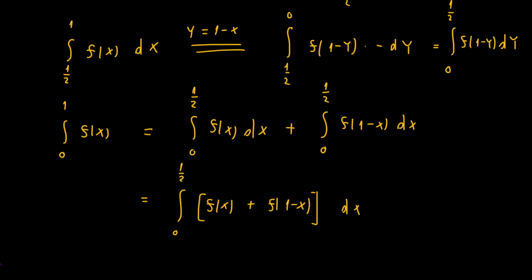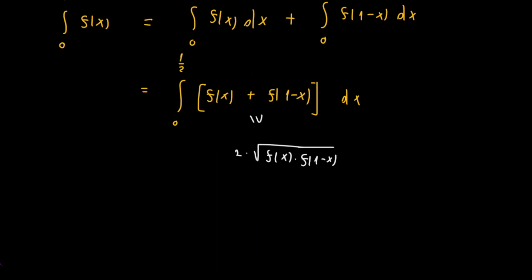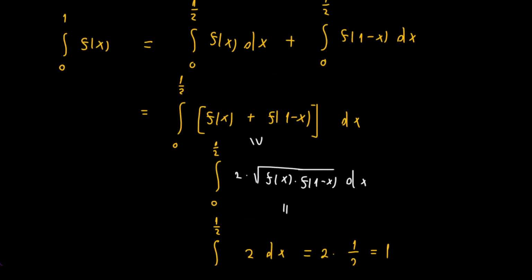And right now, what can we do? We can say that this sum is bigger than or equal to 2 times the square root of f(x) times f(1 minus x), integrated from 0 to 1 over 2 dx, which is going to be equal to the integral from 0 to 1 over 2 of 2 dx, which is 2 times 1 over 2, which is 1.